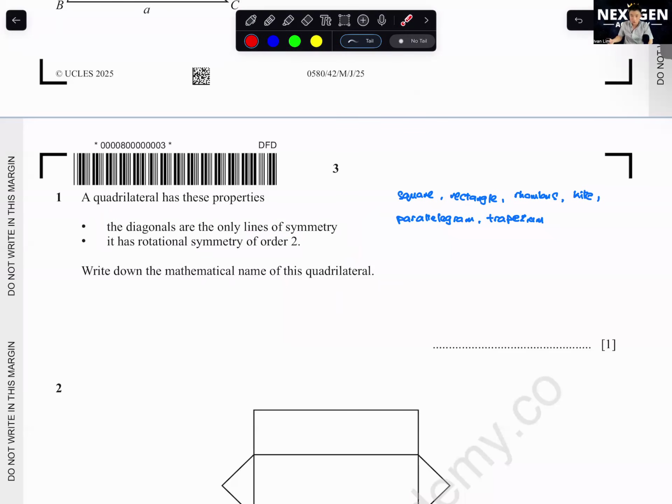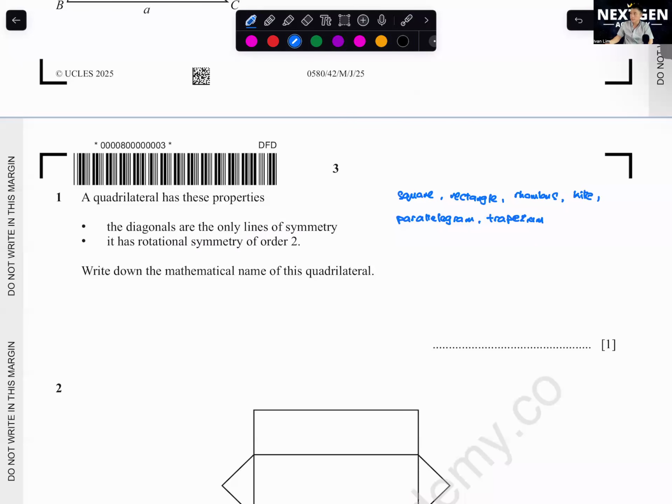List it all out, draw it out to see which one fits the statement. Based on this first question: the diagonals are the only lines of symmetry, and it has a rotational symmetry of order 2.